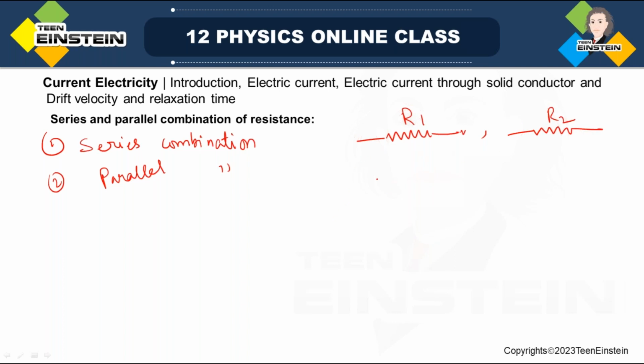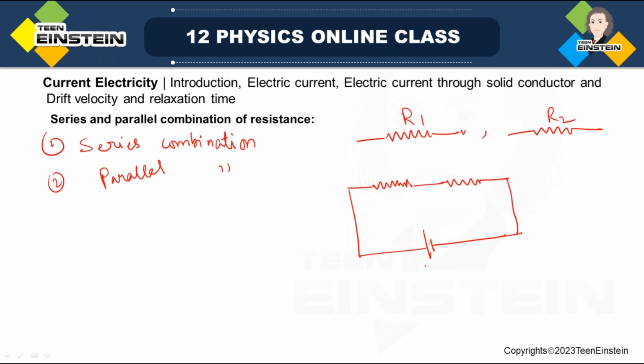Now if I connect them in series, see how to connect them: they have to be connected end to end like this, and then you can connect it to a battery in a circuit.